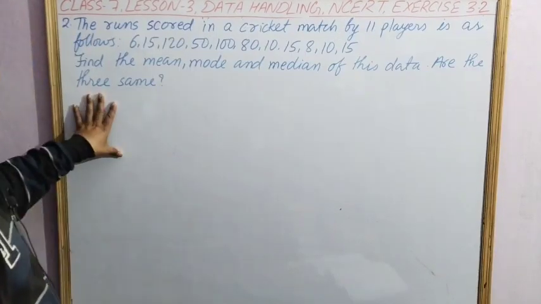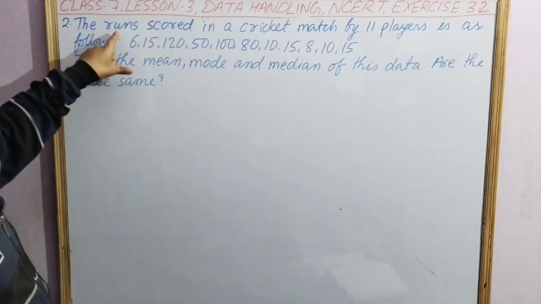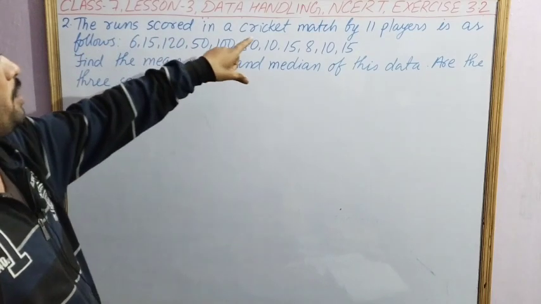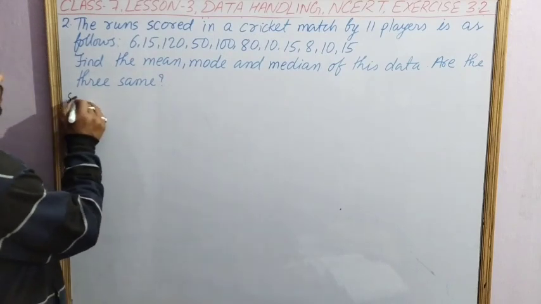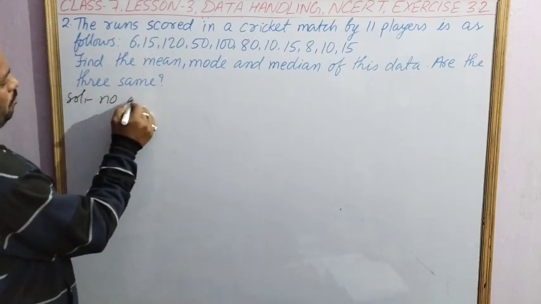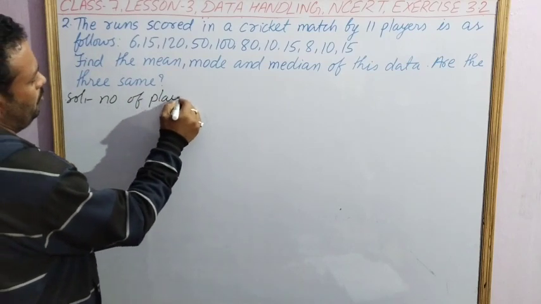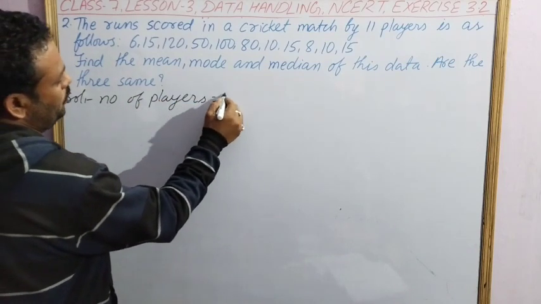In question number 2, we have the runs scored in a cricket match by 11 players. The number of players is equal to 11.